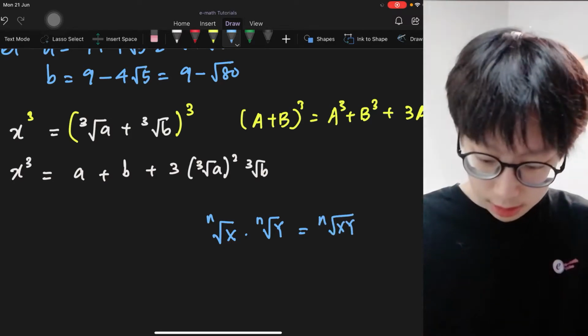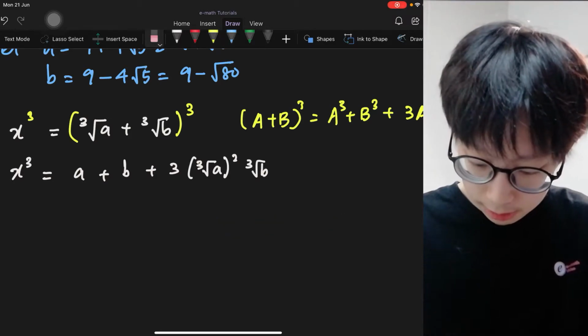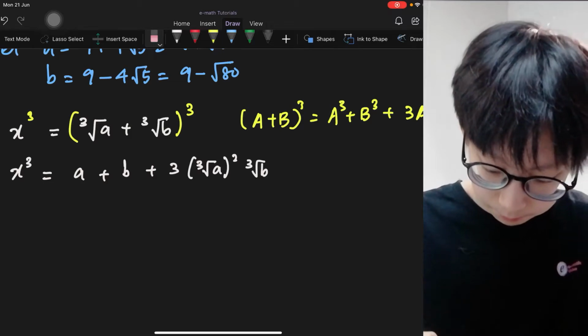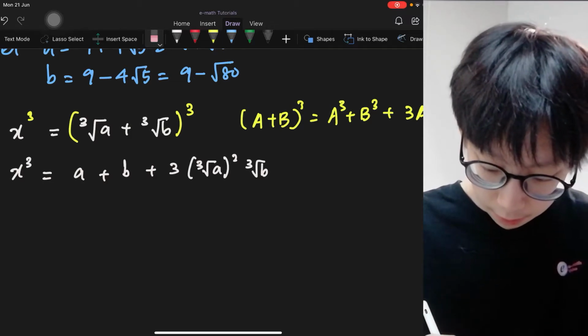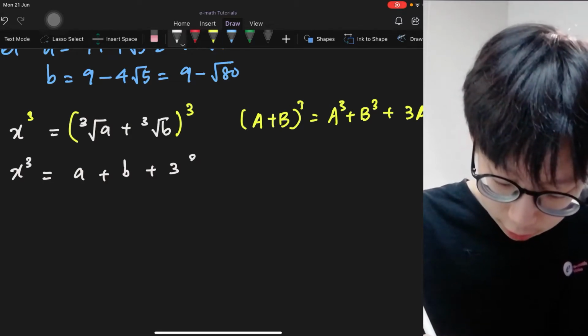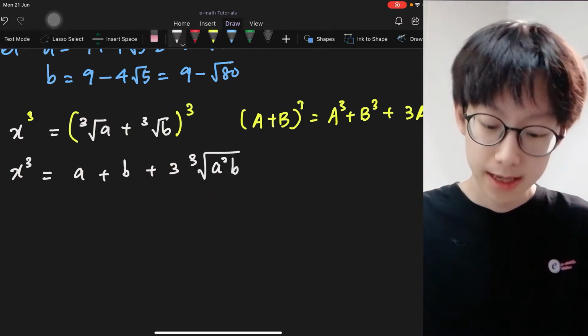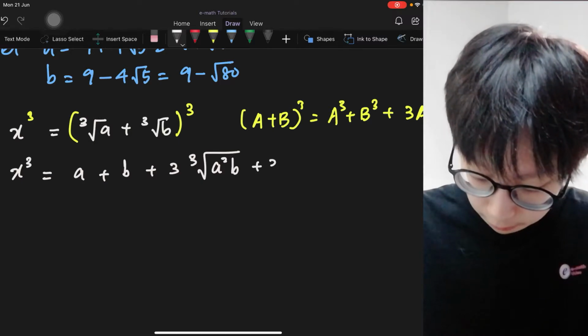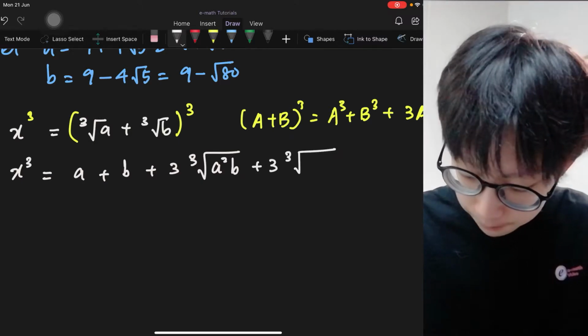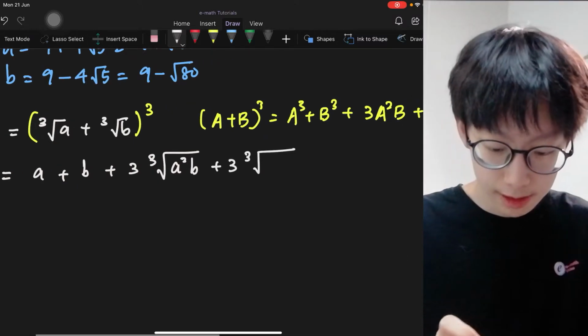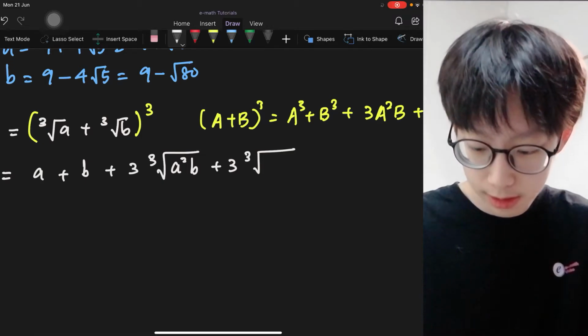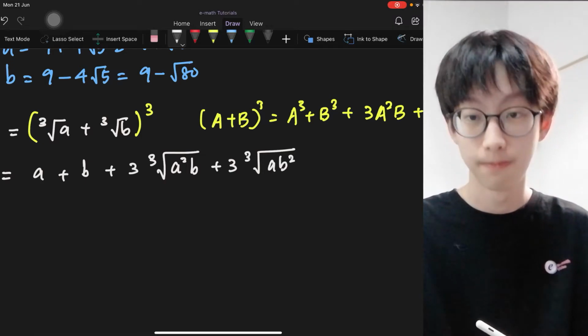So I can write this as 3 times the cube root of a squared b. Similarly, this is 3 times the cube root of, this time instead of a squared you are squaring the b, so it is ab squared.